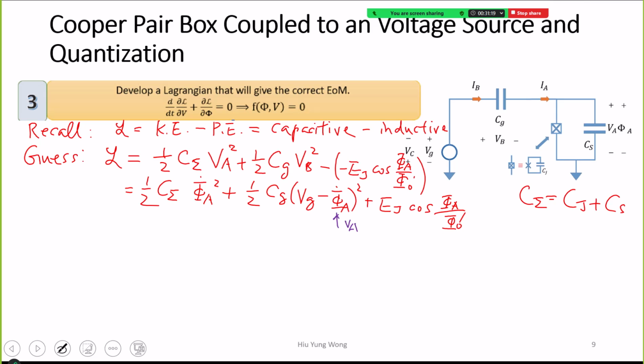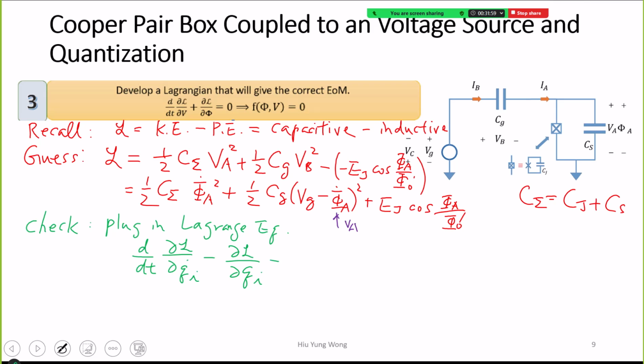I need to check if it is correct. How do I check? I'm going to plug this into the Lagrange equation, which means I require d/dt of partial L partial Qi dot minus partial L partial Qi.